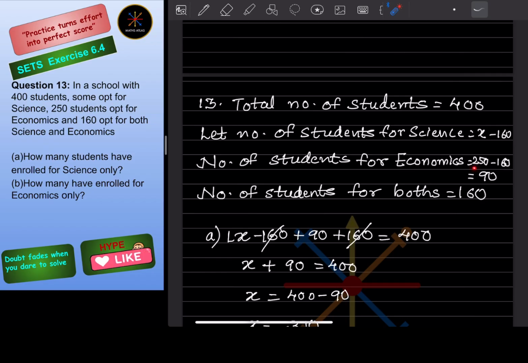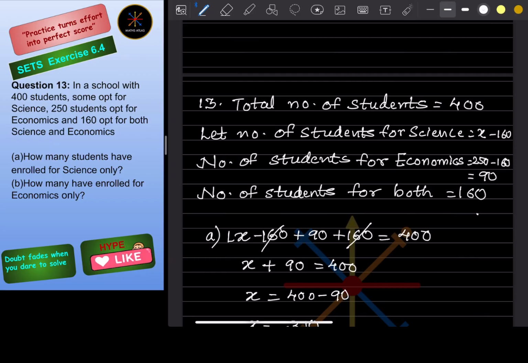But from there we take 250 minus this 160, because the 160 are for both science and economics, so you're going to subtract it. 250 minus 160 is going to be 90. And number of students for both is already given, that is 160.